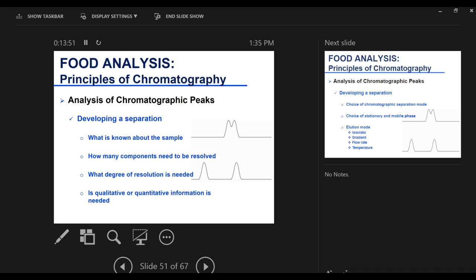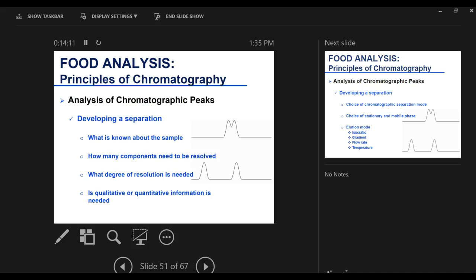So do we expect 5 peaks? Do we expect 10 peaks? Do we expect an infinite number of peaks? Okay, what degree of resolution? Do we really need them to be very much separated, or is it okay if they're not separated?